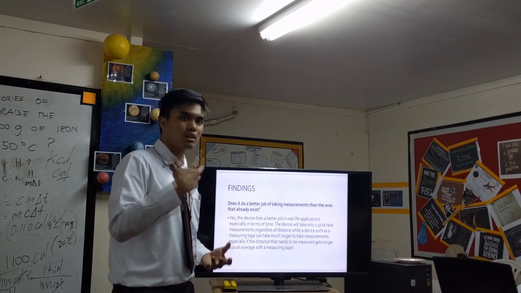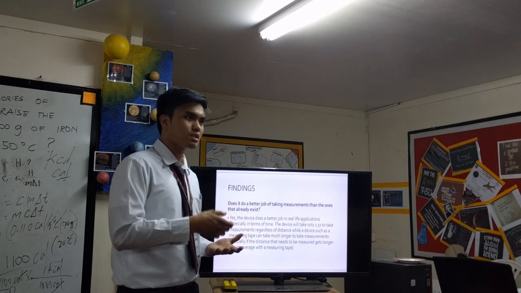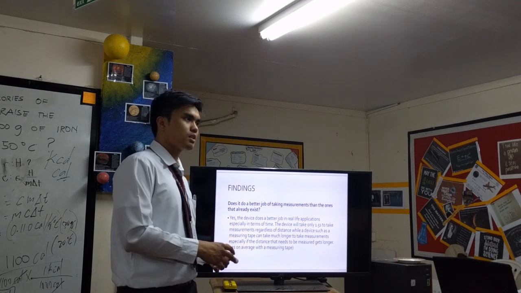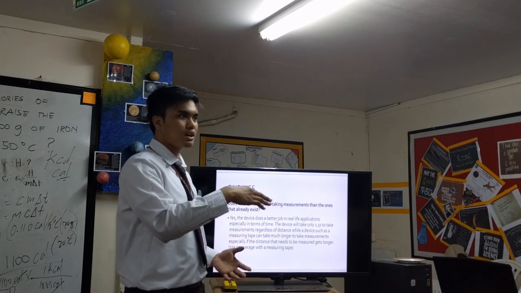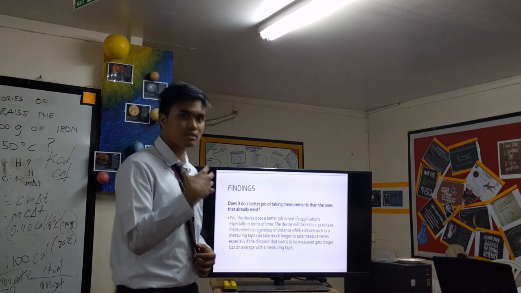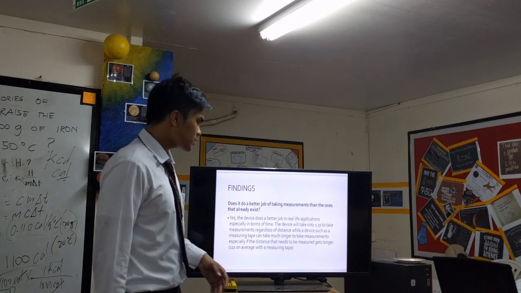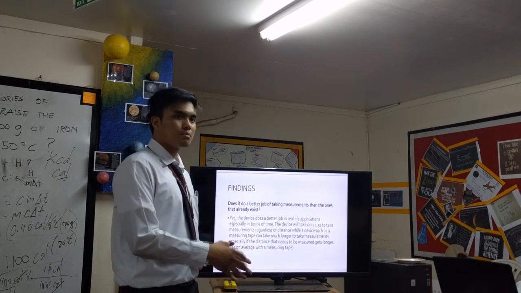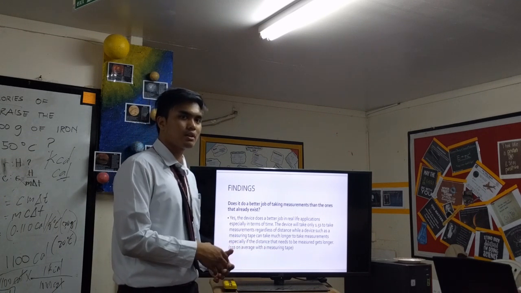If you're in a hurry, you can just measure it using this device, and it's better than the measuring tape. And we also programmed it to make it better.